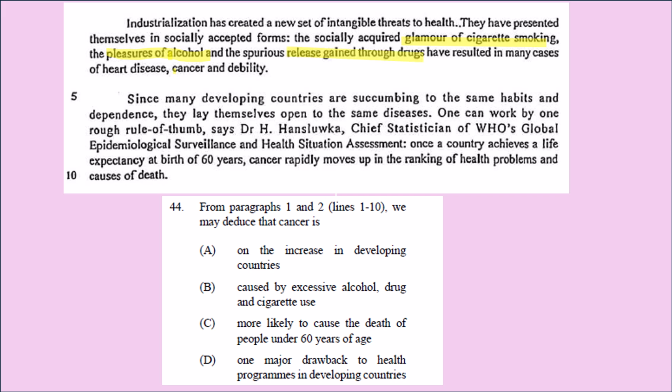So we're going to go ahead and click B as our answer. It's easy to think that it could be A, on the increase in developing countries, but it did not say it was increasing in developing countries. It actually says that because they're succumbing to these habits and dependence, these developing countries lay themselves open to the same diseases. But it didn't actually say that it is on the increase.